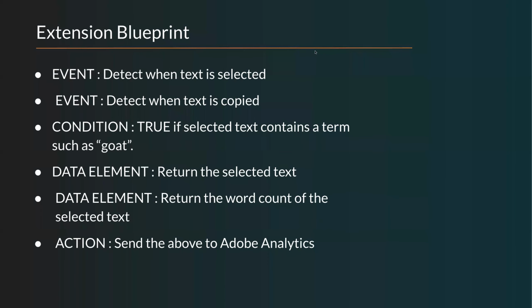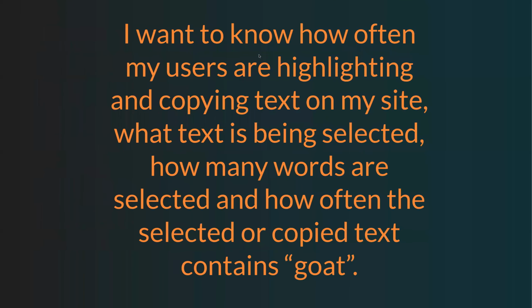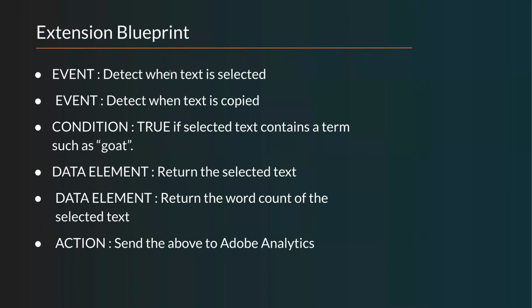So from that business requirement, we can draw out an extension blueprint. We can say, all right, what does this extension need to provide to Launch? Back to the text, I want to know how often my users are highlighting and copying text. So we need an event that detects when text is selected on the site. We need an event that will detect when text is copied on the site.